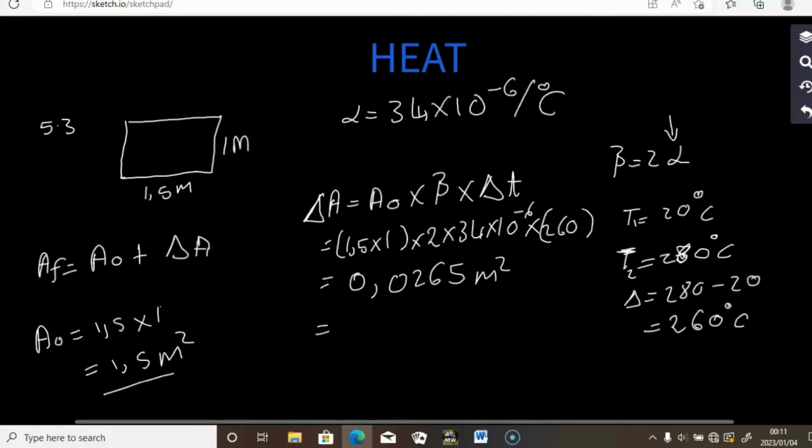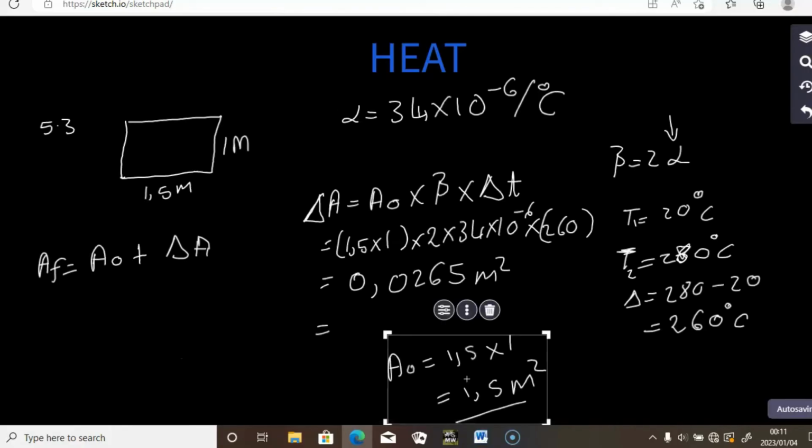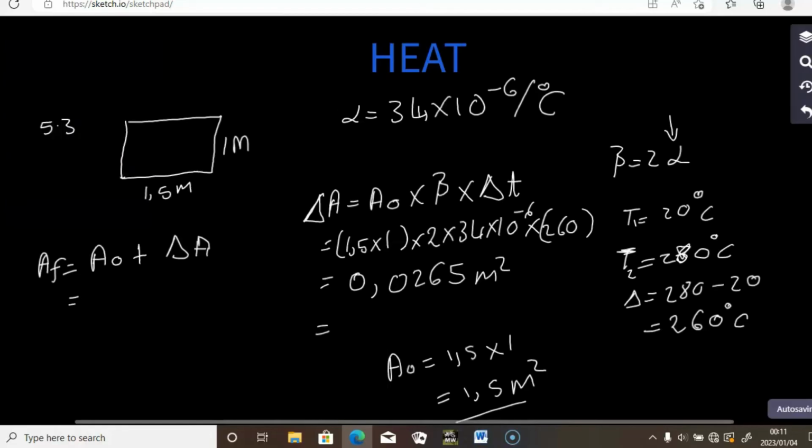The original area, which is 1.5, plus the change in area, which is 0.0265, and the final area will be 1.5265 meters squared.